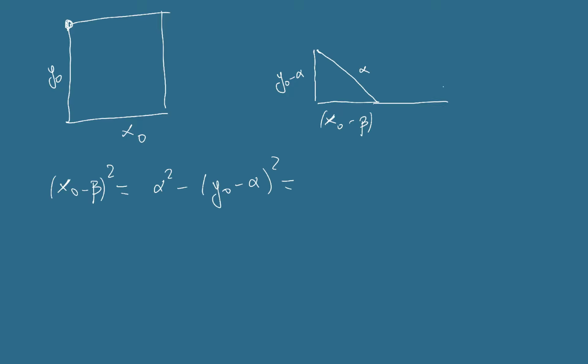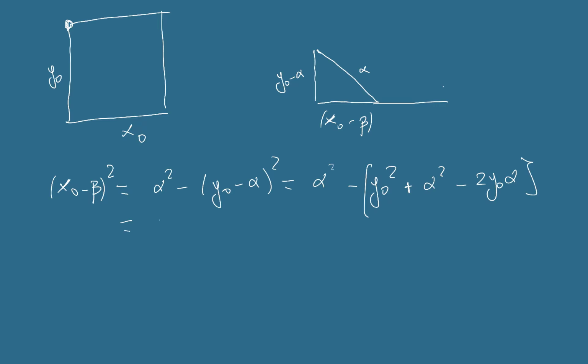Or in other words, this is alpha squared minus y0 squared plus alpha squared minus 2 times y0 alpha.